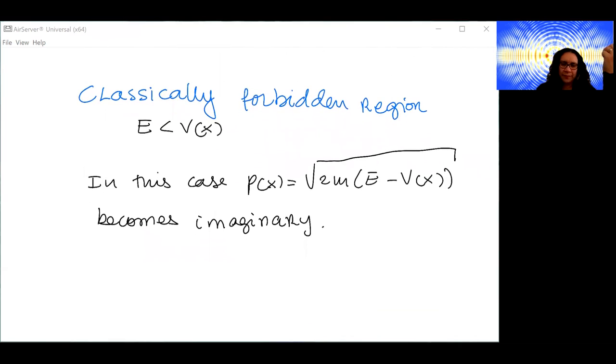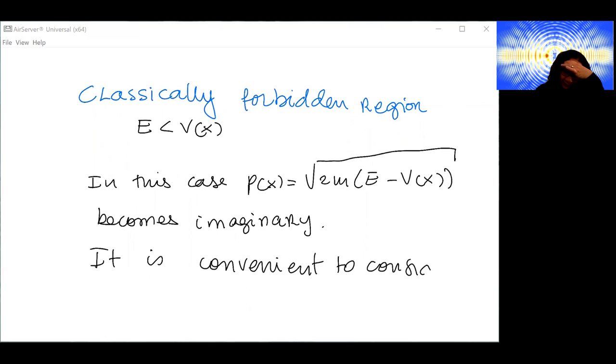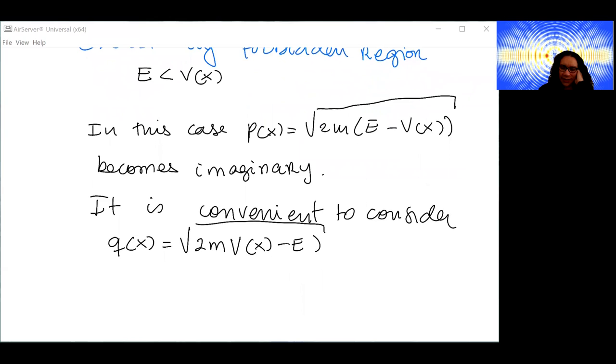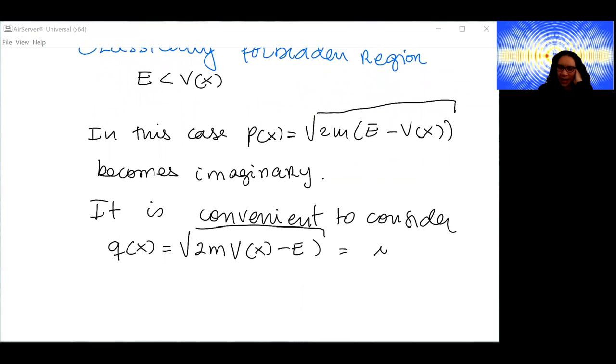And for that reason, it is convenient to consider q x, which is then the square root of 2m (V x minus E). So what you have is that this is i p x, right?